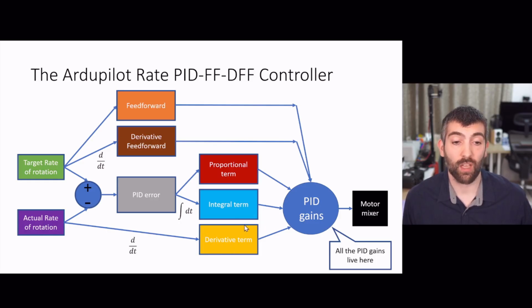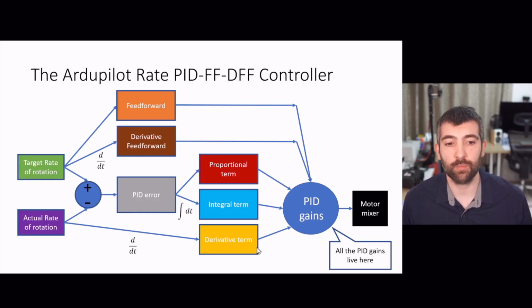All of these terms are multiplied by different gains, which we're going to set in the ArduPilot software, and then they are all added together to give a commanded control output, which is going to be fed into the motor mixer, which will drive the motors, and that will command the quad to do the correct rotation. If all of these terms are correctly balanced, then the quad will follow the target rate of rotation very, very closely.